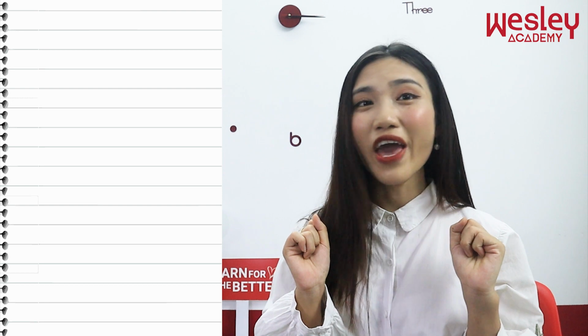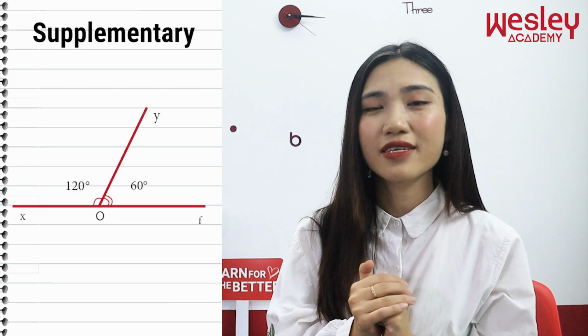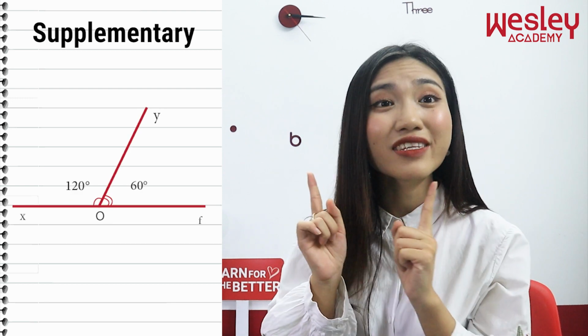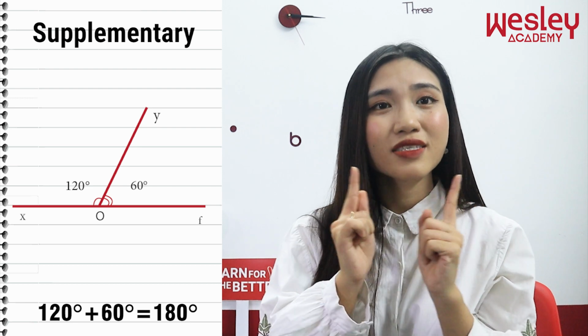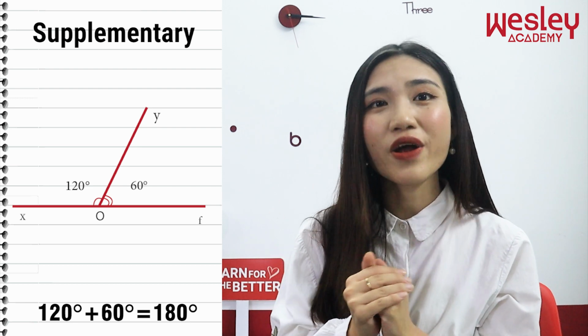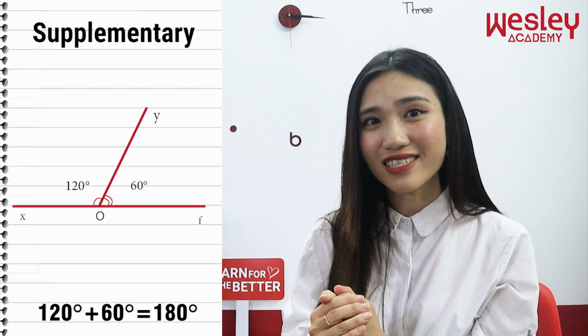Similarly, 2 angles are supplementary since 120 degrees plus 60 degrees equal 180 degrees. 2 supplementary angles can be either adjacent or non-adjacent.